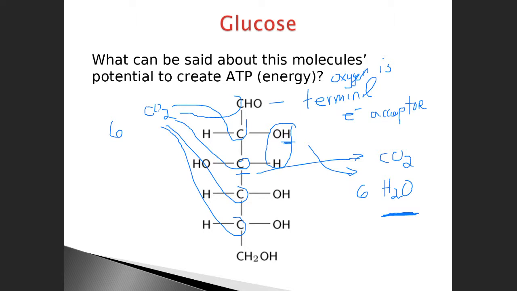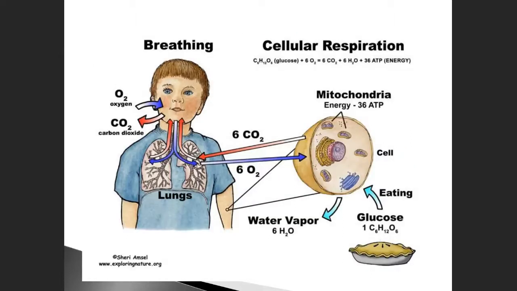Okay? We're ready now. Anybody have any questions? I've given you the background. We are ready to talk about cellular respiration. So I like pie, so I use this image. We eat pie. Pie gets into our digestive system, gets into our small intestines, and eventually the glucose in the pie, the glucose in the starch in the crust or the fruit itself, gets into our bloodstream, and the cells use that, right?